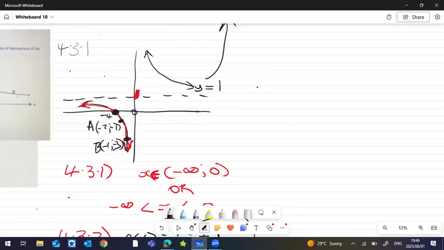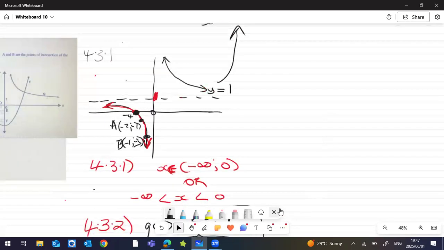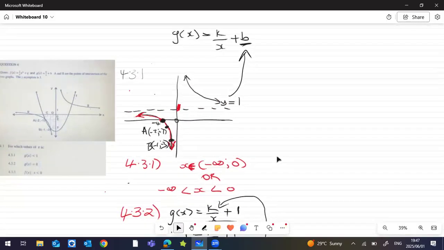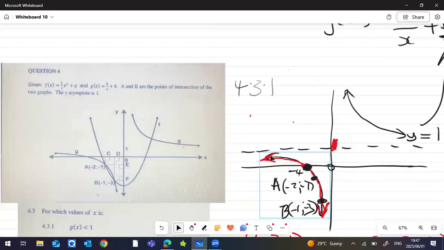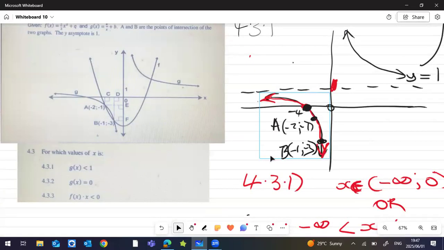Then we can look at the next question. Looking at the next question there now, you are given question 4.3.3. They are saying here, for which values of x is f of x times x less than 0? Now, when you look at your parabola, we want to establish where, when the parabola is positive, then we must have a negative x-intercept.